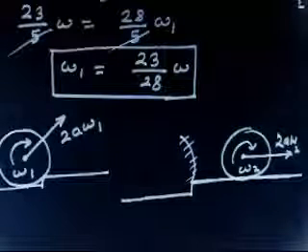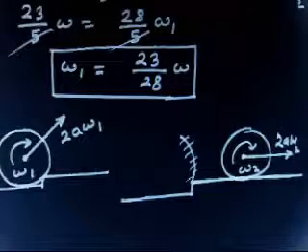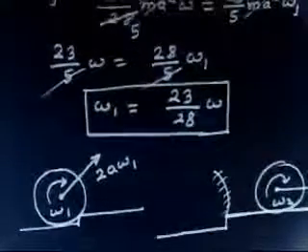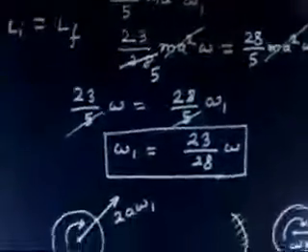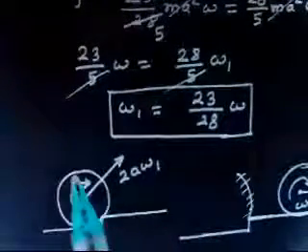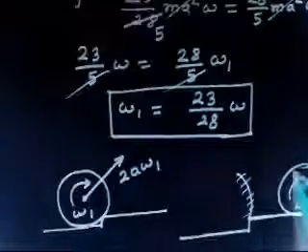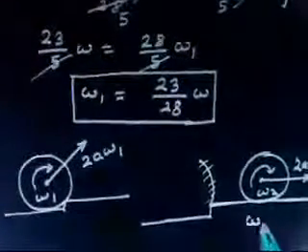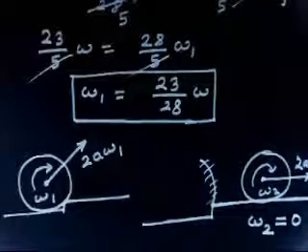Are you getting or not? The question says what should be the minimum value of omega, so that it just surmounts this step. When it just reaches here, it will have no kinetic energy, so omega 2 is 0. That will be the enough condition. Are you getting or not?